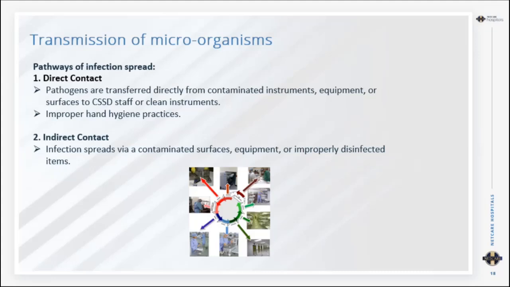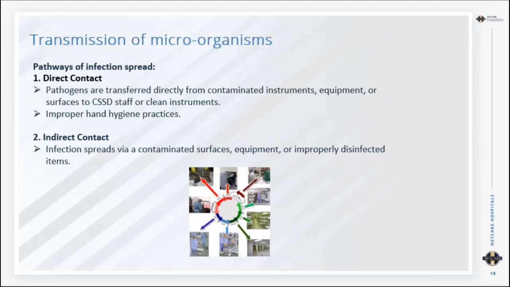Indirect contact is where infection spreads via contaminated surfaces, equipment, or improperly disinfected items. Here we look at contaminated workstations or sinks in the decontamination area.